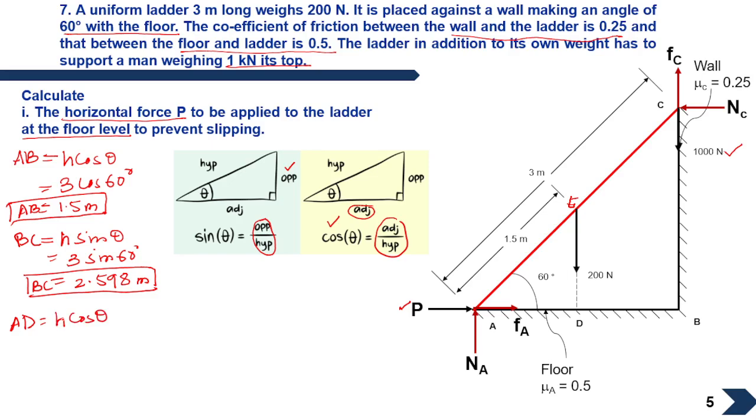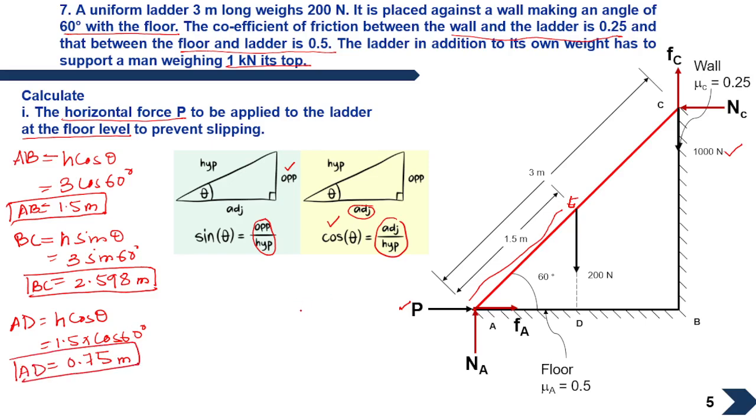Here for this case H is this smaller one. Since the small triangles will have H as 1.5 meter, so we'll have H as 1.5 meter in this case, and theta is 60 degree again. So this will be 0.75 meter. So we got the 3 required dimensions which will be helpful for us to solve the sum.